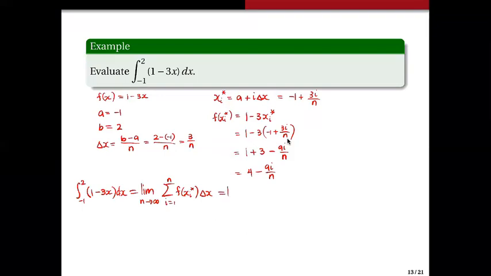We have here the limit as n approaches plus infinity of the sum i from 1 up to n of f of xi star, which is 4 minus 9i over n, times delta x, which is 3 over n.